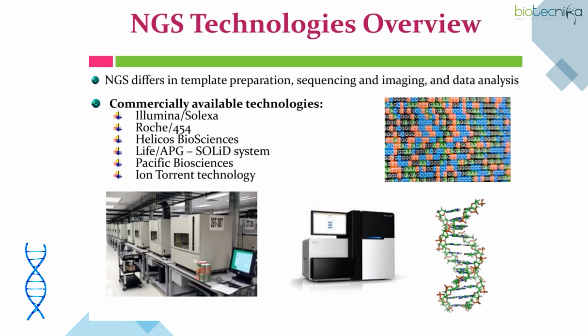So basically, next generation sequencing uses the important steps we have discussed, and commercially available technologies are Illumina, Solexa, Roche 454, Biosciences, then the SOLiD system, Pacific Biosciences, Ion Torrent technology. These techniques are used to commercialize the technology, and it has been used majorly by startup companies or major companies working with sample screening. They used to work with the NGS technique.